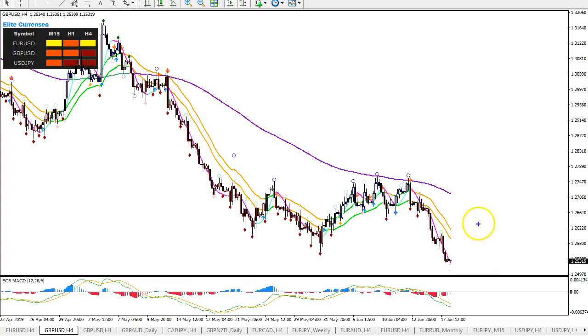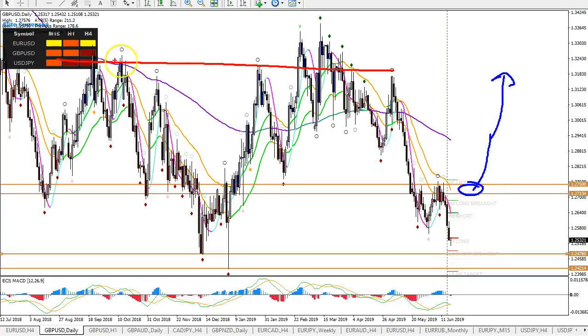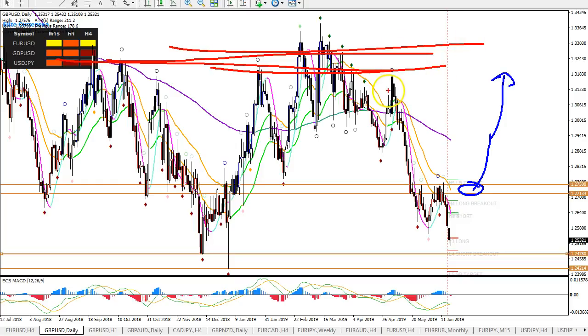All right. So from my perspective, probably the main area where I want to trade the pound dollar to the upside is above the 144 EMA. So that's at around 127. All right. So on the daily chart, you can see that's around this zone. So for me to be interested in trading to the upside, I would need a break above 127, 127.50 for a move up to the previous tops in here on the daily chart at around 132-ish, 132.50.